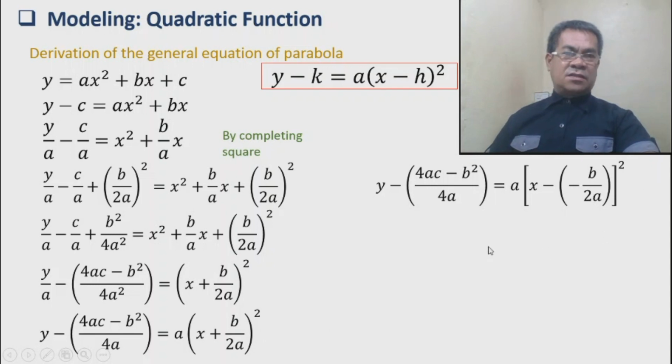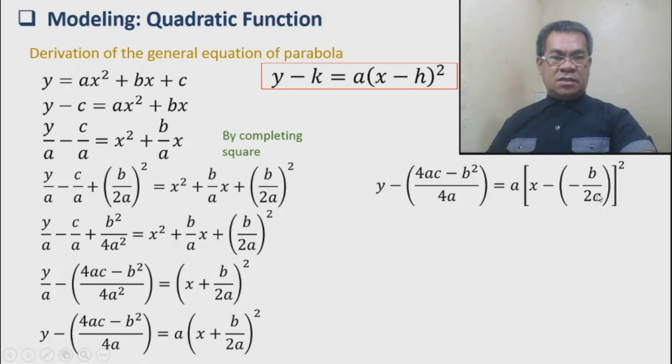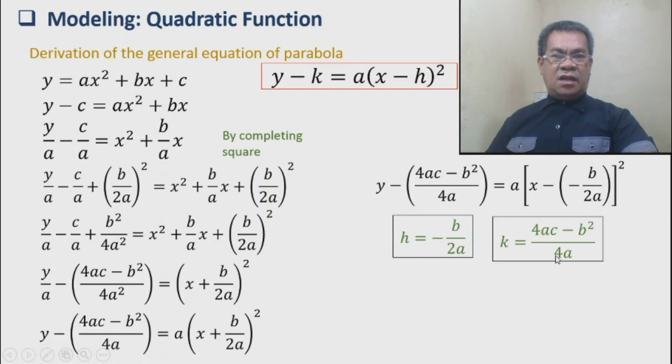So look at this one. In order to have this, h must be negative b over 2a. This must be h, and this must be k. So in that case, h is equal to negative b over 2a. Then k must be equal to 4ac minus b squared over 4a.